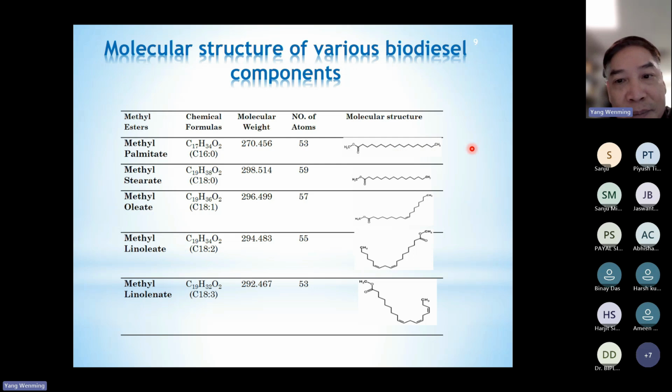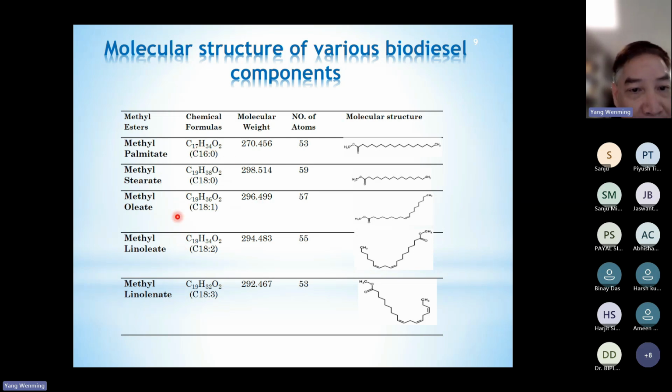And for the second one, there's no double bond. The second one is C19H38O2. Again, this one is also a straight carbon chain and there's no double bond. But this one has 19 carbons, and the first one has only 17 carbons.